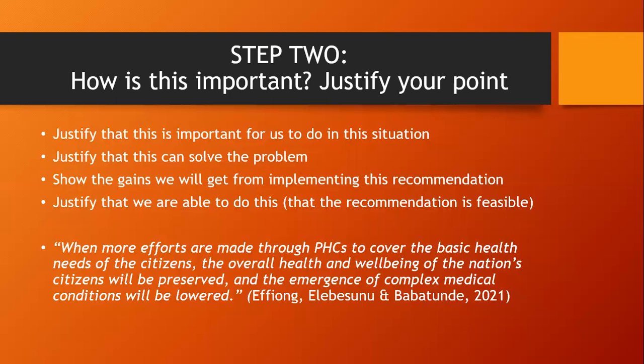The overall health and well-being of the nation's citizens will be preserved is the gain we are expecting from this recommendation. And the emergence of complex medical conditions will be lowered. So this is the problem that this recommendation is hoping to solve.